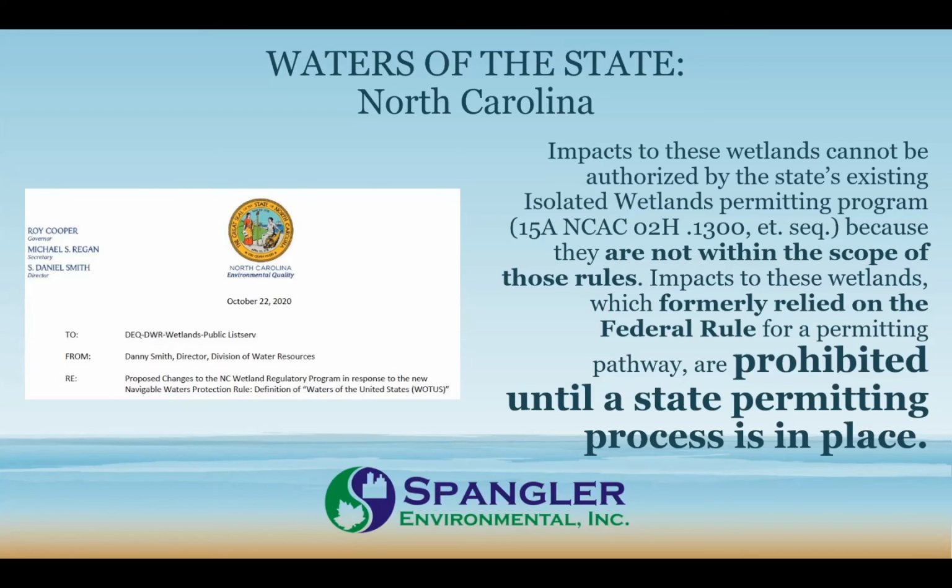Well, I'll get into the prohibition in a second, but formerly relied on the federal rule, like I mentioned, there were plenty of instances where wetlands that were not basin or bog were determined to not be jurisdictional by the Corps of Engineers, and up until the publication, the release of this notice, they weren't subject to state rules either.